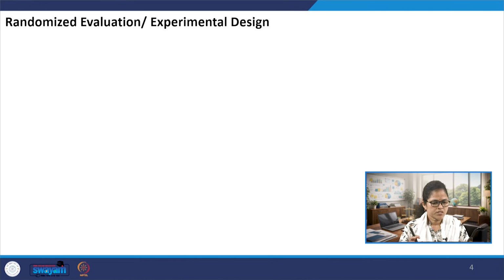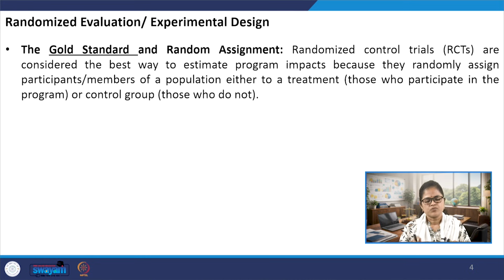So let's discuss randomized evaluation, or experimental design. In literature, this is said to be the gold standard, because randomized control trials are considered the best way to estimate a program's or policy's impact.